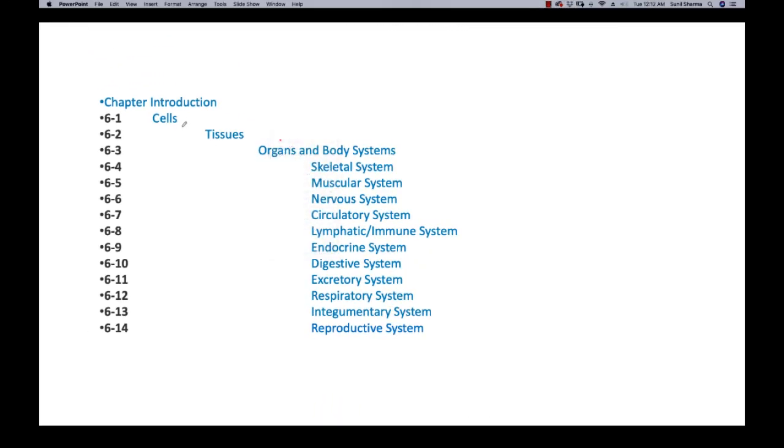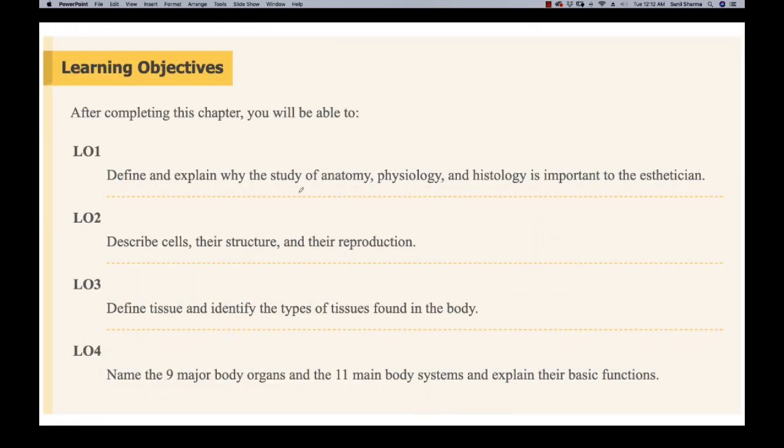Now that we have an overview through cells, tissues, organs, and body systems, let us get an overview of the learning objectives. These learning objectives are rather wide, or shall we say a large overview. We begin with defining and explaining why we study three things: anatomy, physiology, and histology.